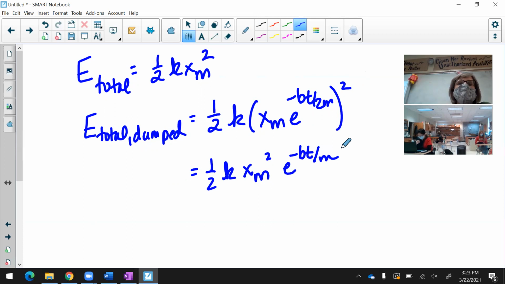And so again, it's going to decay following that exponential function.